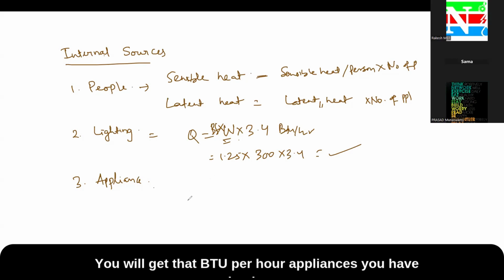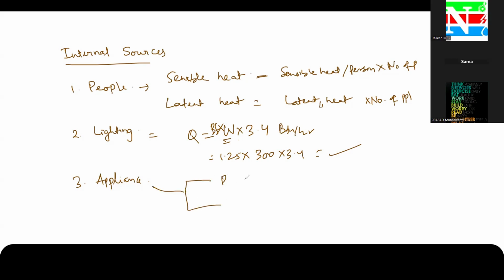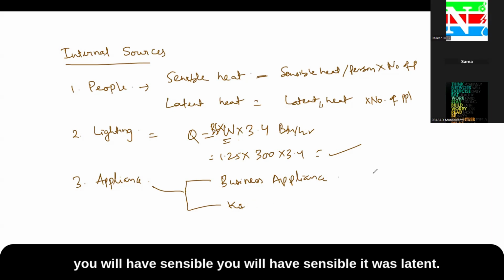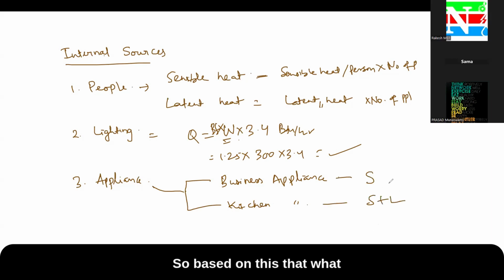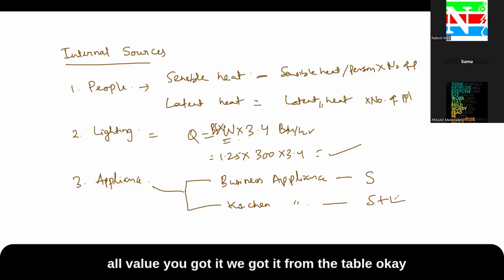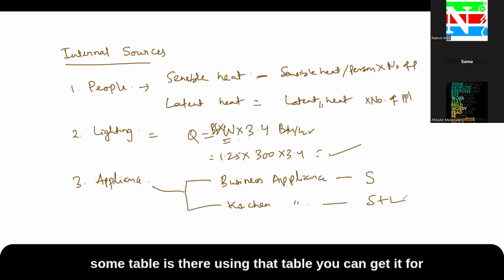Appliances you have business appliances and kitchen appliances. You'll have sensible plus latent. Based on this, whatever values we got, we got from the table. Using that table, you can get it.